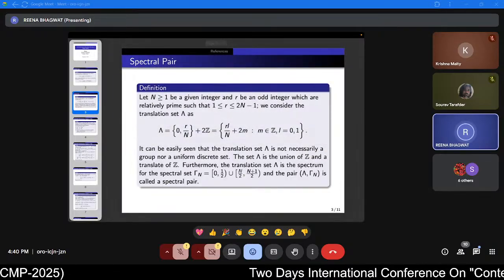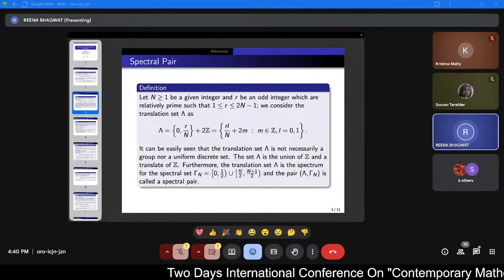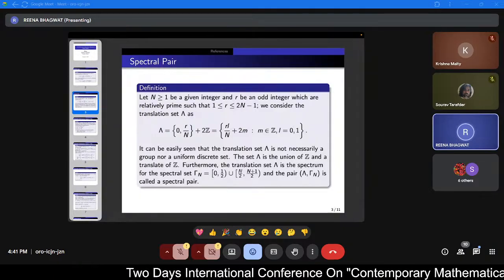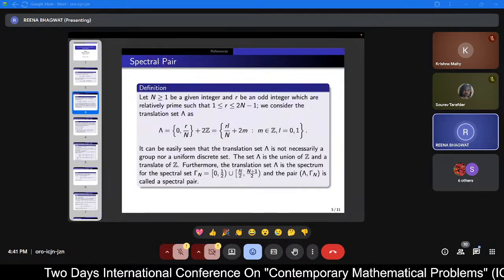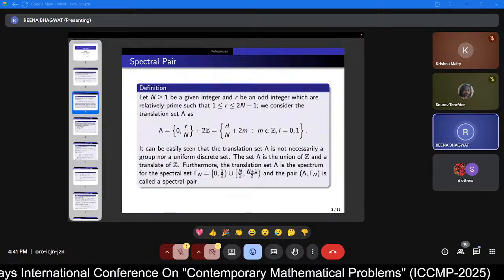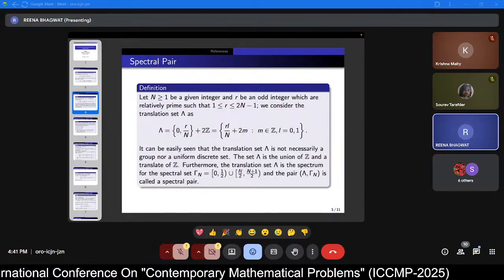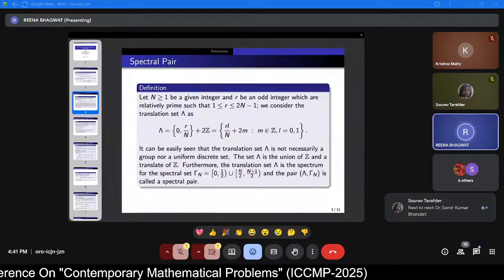Now, next is the definition of a spectral pair, which we have used in the theorems of this paper. Definition of spectral pair: let N greater than 1 be a given integer, and r be an odd integer, which are relatively prime, such that r lies between 1 and 2N-1.